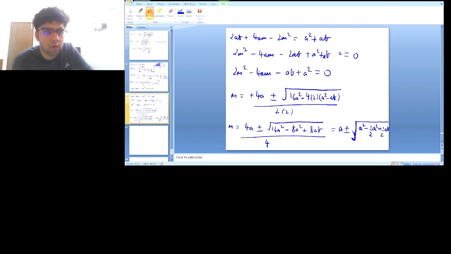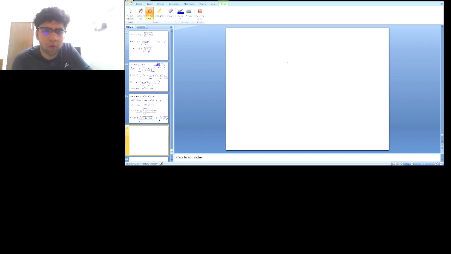So let me just go to my next page. I could have just cancelled 16a square minus 8a square. I would have been left with 8a square, but I didn't do that. Don't know why, it would have made my calculation simpler.